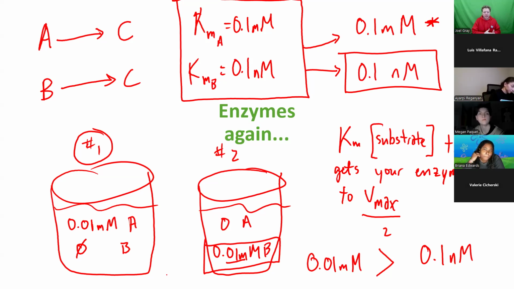You have to give your enzyme this much substrate in order for it to catalyze the reaction at half of its maximum velocity. That's our baseline important kinetic parameter as biochemists, Km and Vmax. Vmax is mostly self-explanatory: maximum velocity. Km is a measure of that substrate concentration.